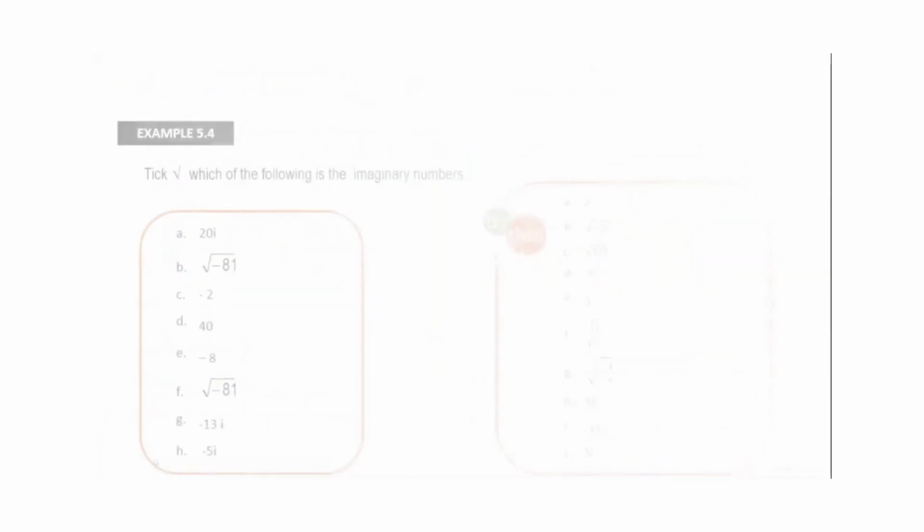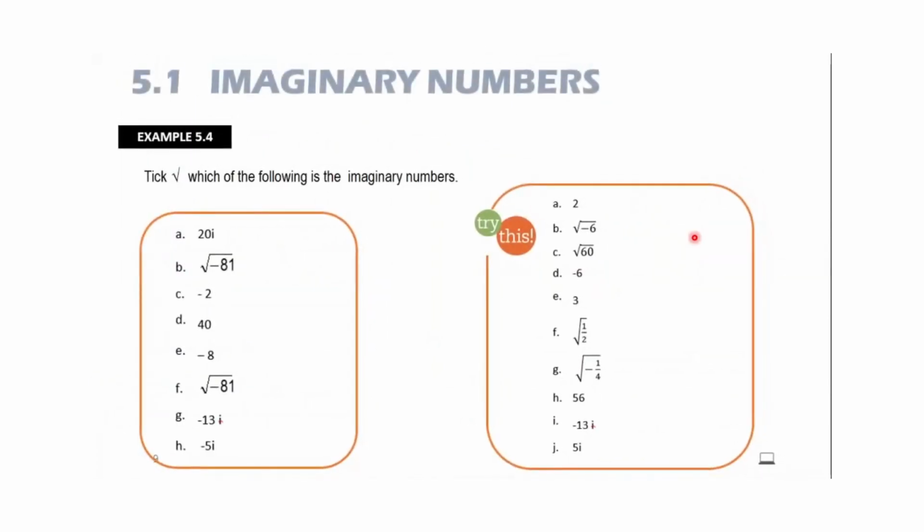Seterusnya, kita just nak kukuhkan kefahaman kita untuk imaginary number and real number. What is the difference? Okay, tick which of the following is the imaginary numbers. Okay, 20i. When we have i here, that is imaginary number. Square root of negative 81. Punca kuasa yang melibatkan nombor negatif. Yes, that is imaginary number. Negative 2.